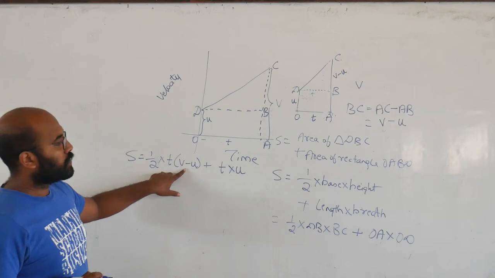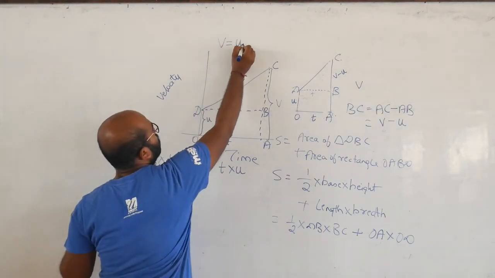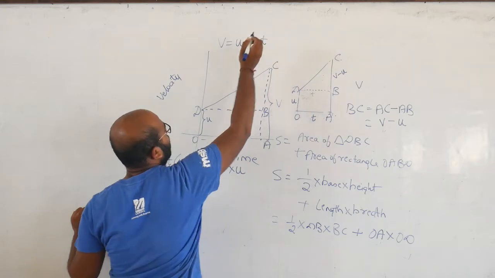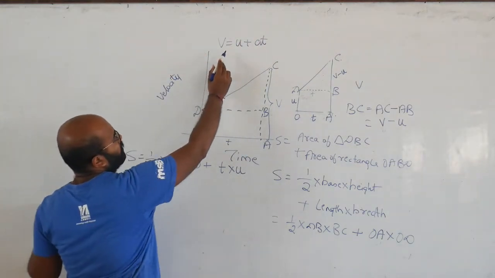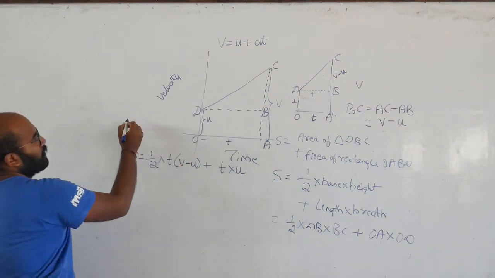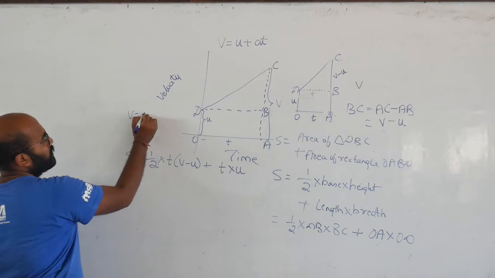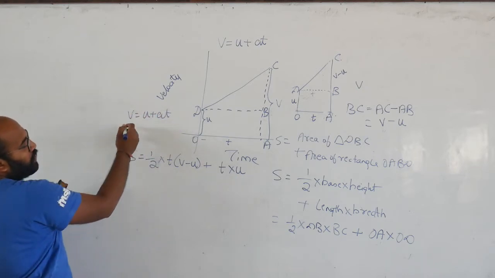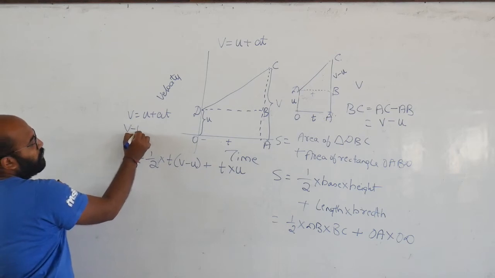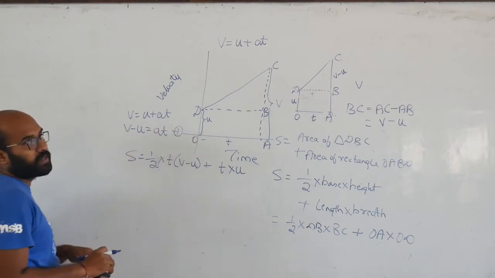You know that earlier we had seen v is equal to u plus at. If I take u to the LHS, I get v minus u is equal to at. Let me take this as equation 1.